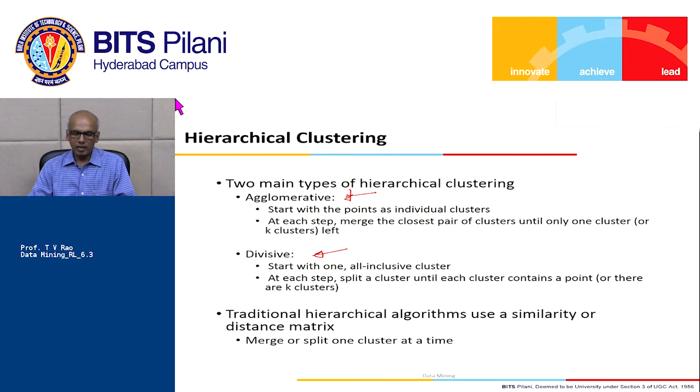Hierarchical algorithms typically build a matrix. Suppose there are n data points, they create an n by n matrix where they store either the similarity or the distances between the points. That is going to help in making a decision with respect to the merger or split.